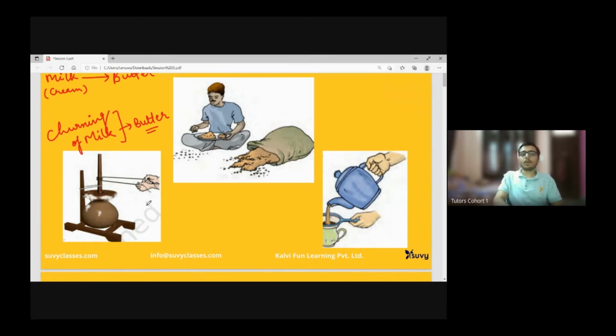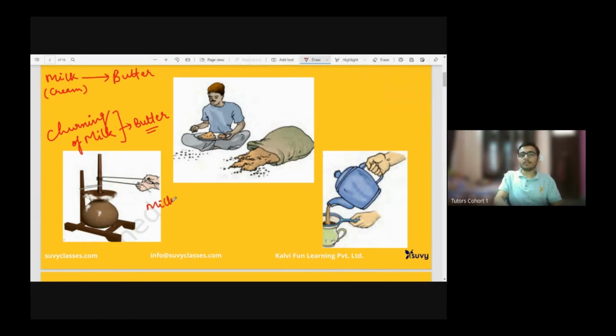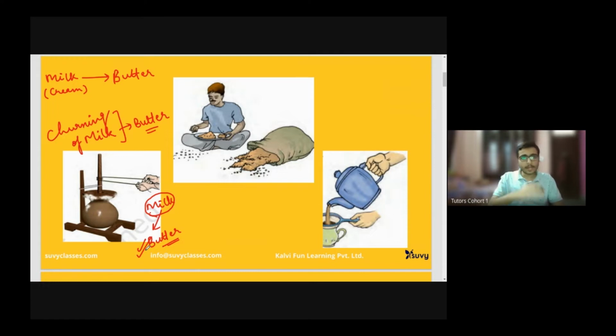So what did I do? I took a mixture, milk. And from this mixture, I separated out a substance known as butter. Why did I do this separation? Because I needed butter. I wanted to get some butter so that I could eat it, I could apply it on my bread. So that's why I churned the milk. So why was separation carried out here?